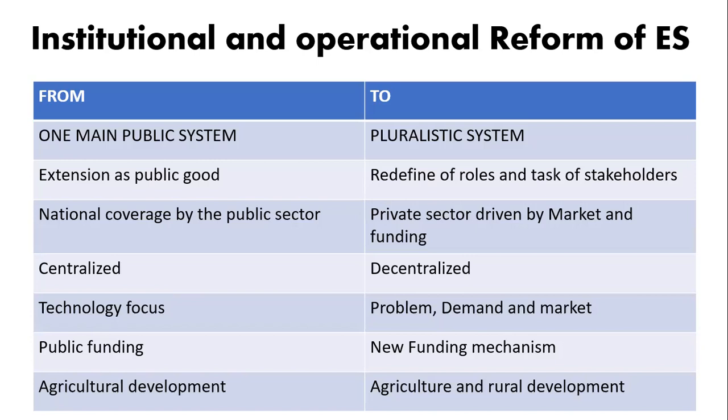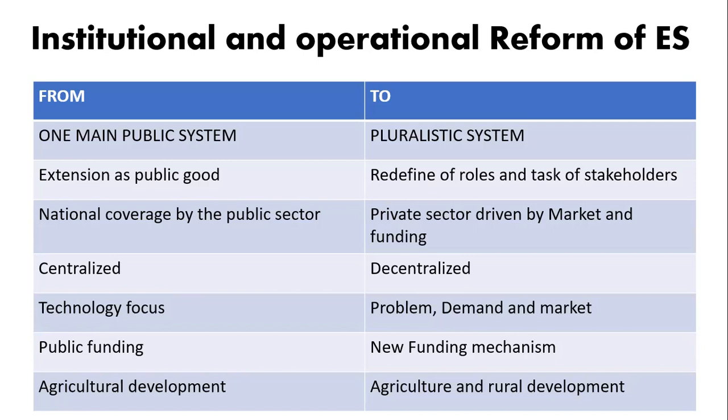And the national coverage is by the public sector, actually entire. Even as we discuss, the entire extension is now driven or governed by the public sector, but it should be private sector driven, with the market and the funding facilities.